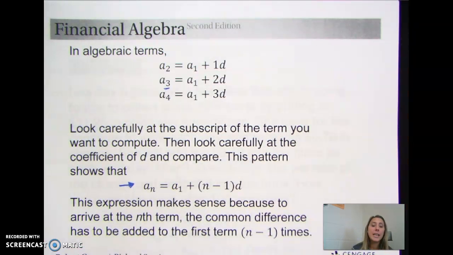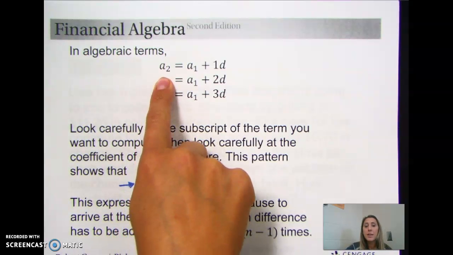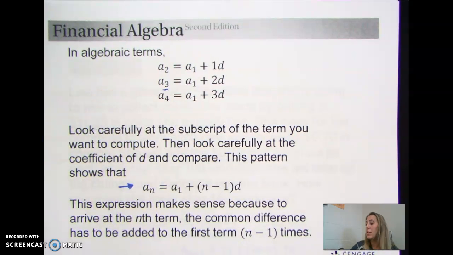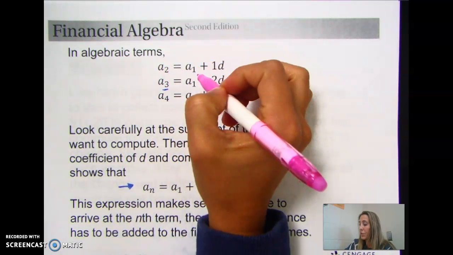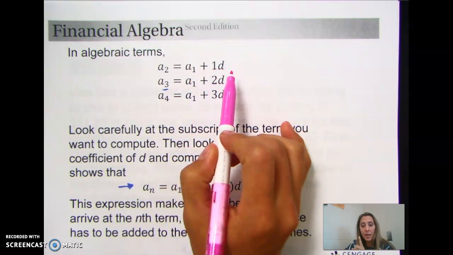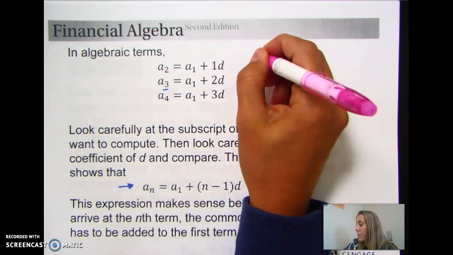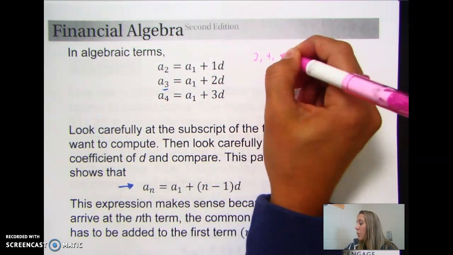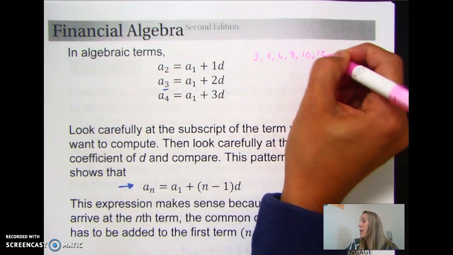All right, so when we're looking at this in algebraic terms, to get to the second term from the first term, you would add one of the common differences to the first term. So that would look like 2, 4, 6, 8, 10, 12.